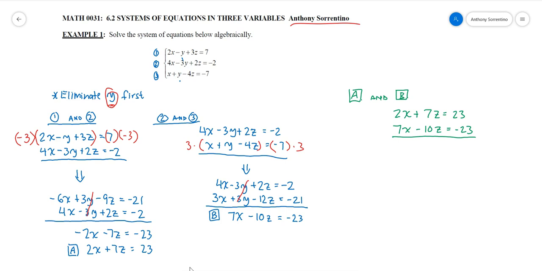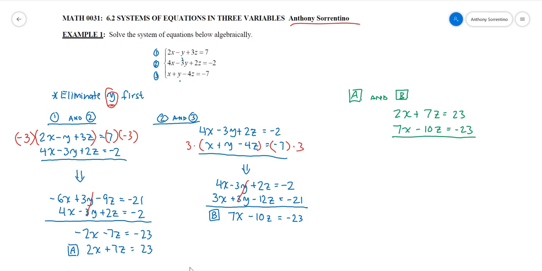I'm going to still choose to do elimination, although that's not going to necessarily be much easier because of the fact that 2 does not go into 7, and they don't really have any common factors. So if I'm going to choose to eliminate the x's, I'm going to have to change both equations.